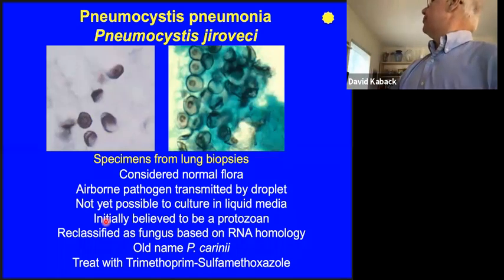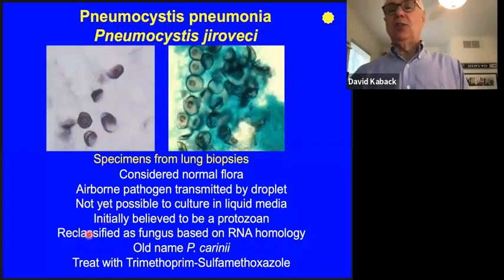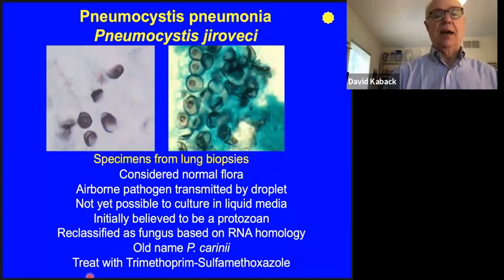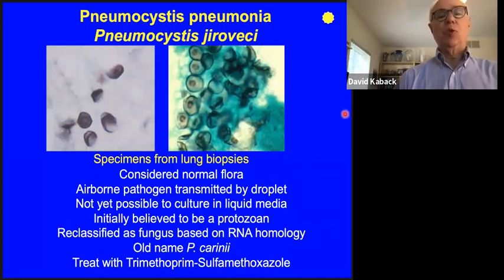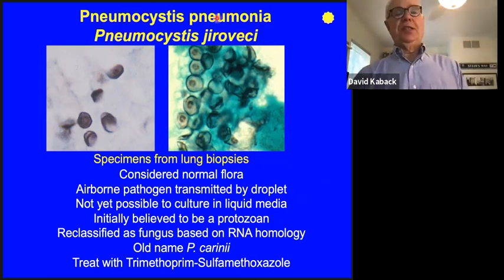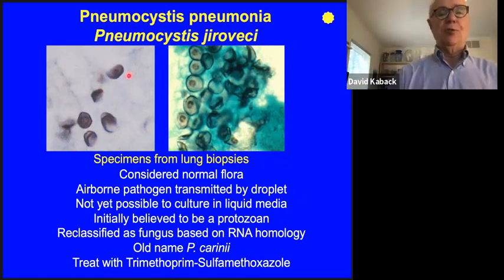Okay, the last two obligate immunocompromised organisms I want to mention are Pneumocystis jirovecii, which causes pneumocystal pneumonia. Okay, we once thought it was a protozoa because it formed these things that people thought were protozoan cysts.